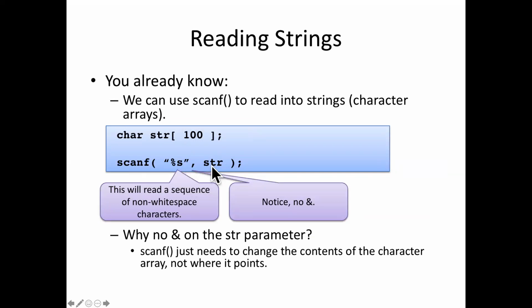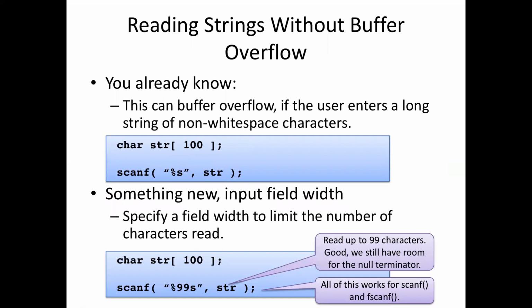And you can just pass an array of characters and it'll store the next token, the next word it sees, in that array of characters. And we already talked about how the hazard here is this doesn't do any bounds checking because it doesn't even know how big your array is. So if the user typed in a really big word, it could buffer overflow your array and potentially crash your program.